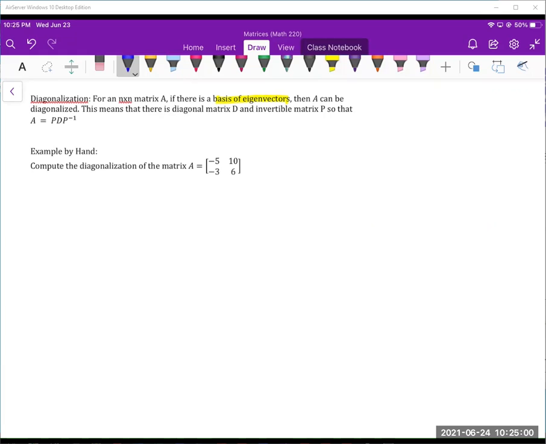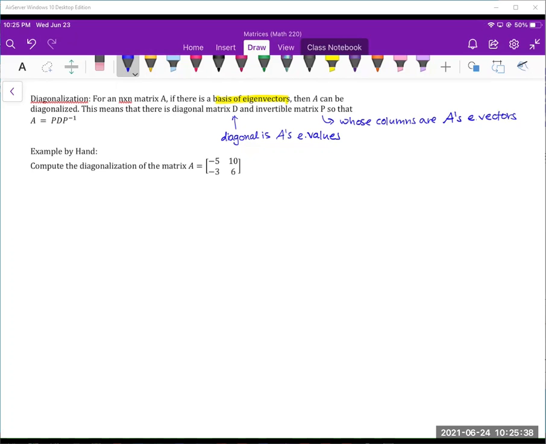What that means is that there's going to be a diagonal matrix D where the diagonal is A's eigenvalues, and an invertible matrix P whose columns are A's eigenvectors, so that A is equal to PDP inverse.